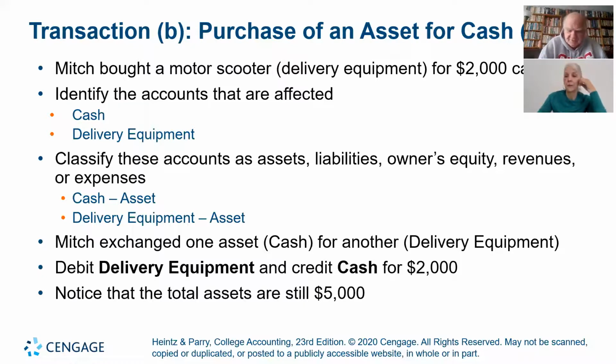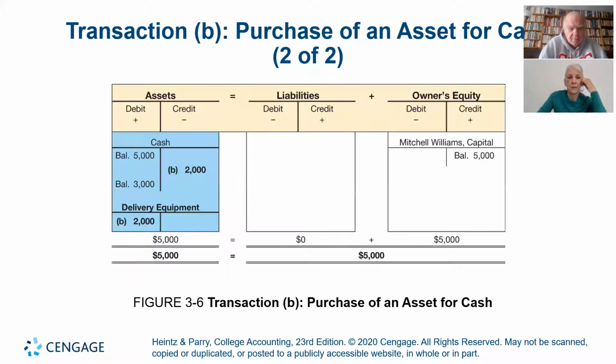Cash is an asset that's going down, and the equipment is an asset that's going up. The cash went down 2,000 and the balance is now 3,000. In exchange for the 2,000, he got delivery equipment, scooters or something, and we're still in balance.